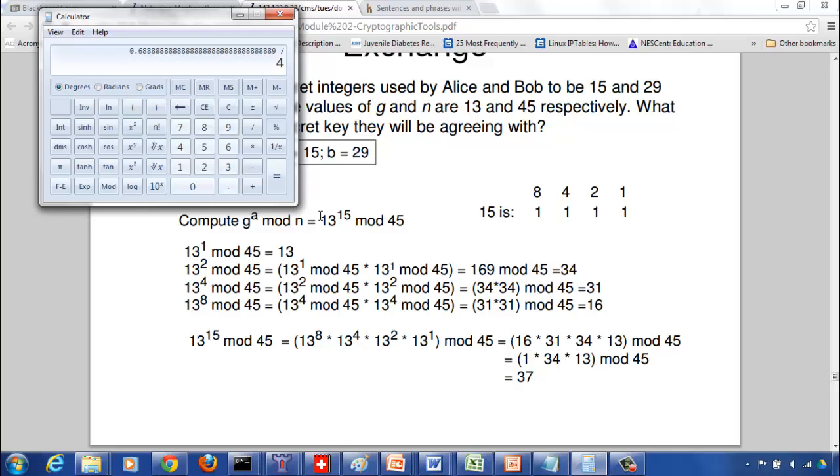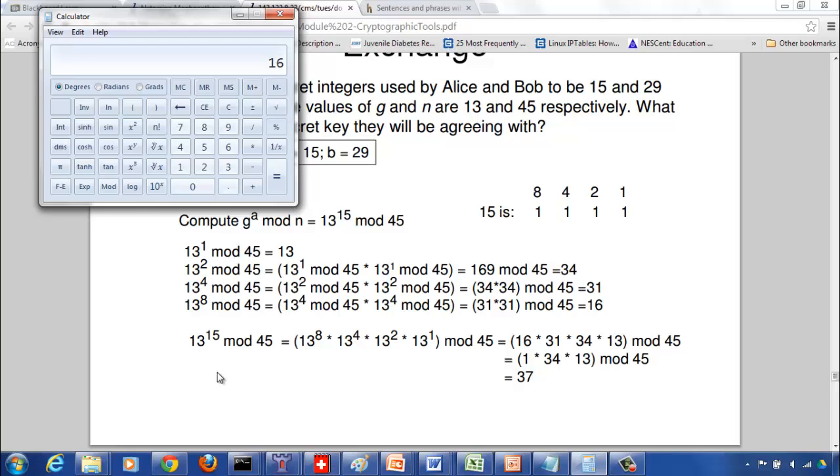Multiplying that by the divisor gives what we had: 34 times 34 minus 25 times 45 gives you the remainder 31. Now 13 raised to 8 mod 45 is 13 to the 4 mod 45 times 13 to the 4 mod 45, that is 31 times 31 mod 45. That gives minus 21 times 45, so that is 16.